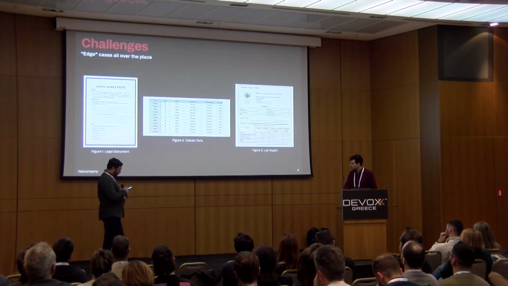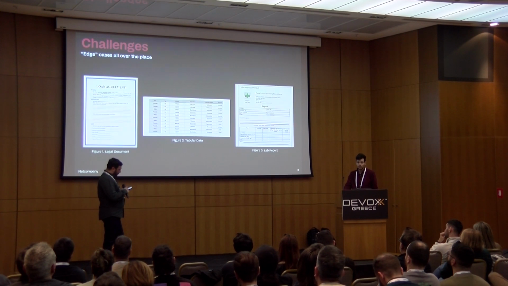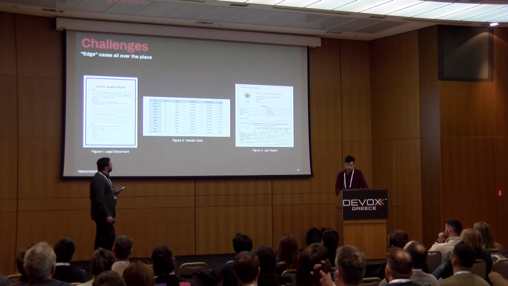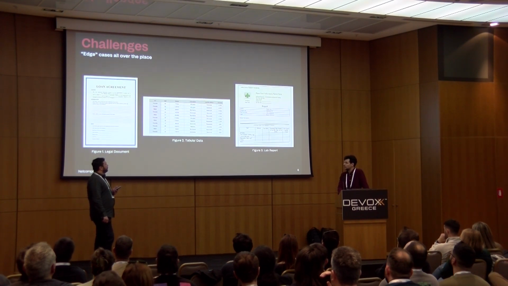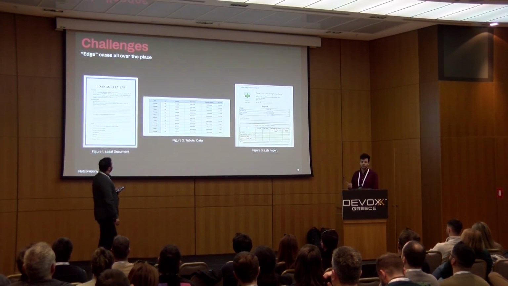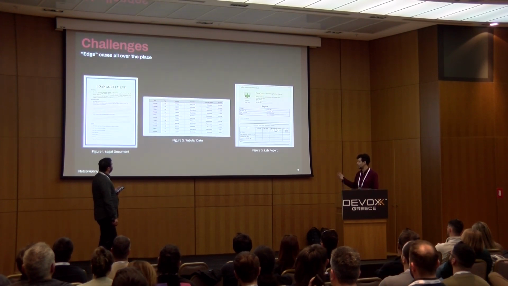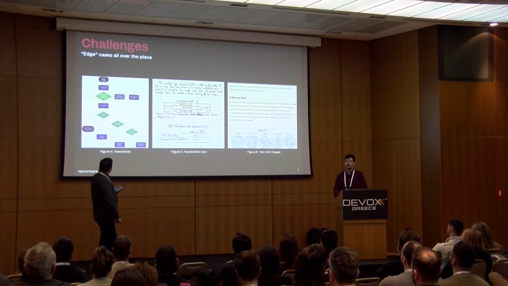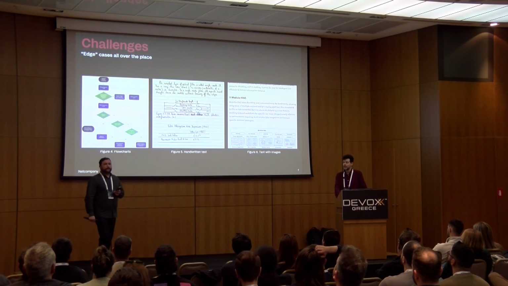So in the real world, data comes in many sizes and in all shapes. We have many cases: legal documents with appendices and footnotes. We have tabular data, where the structure of the data has a special meaning for the knowledge base. We may have scanned documents like lab reports. We may have flowcharts where the visual logic has a meaning, and embedded texts.